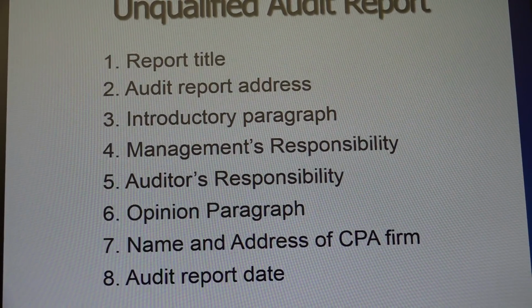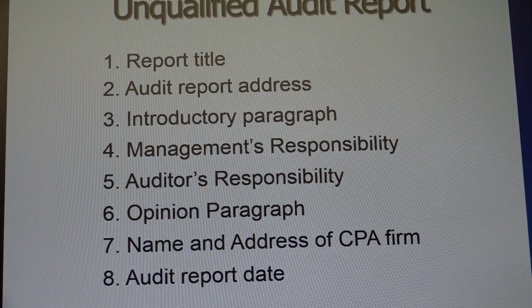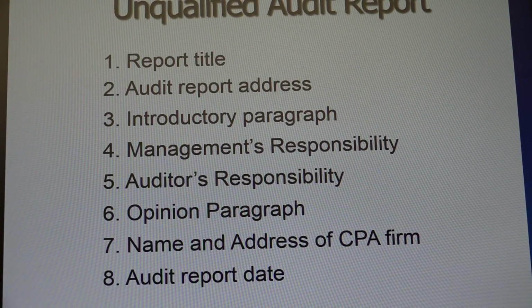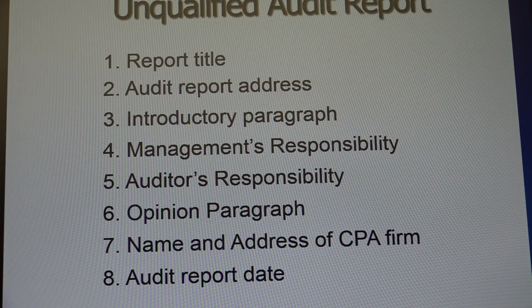Next is the opinion paragraph, and this is what all users are looking for. Matter of fact, they may skip over some of this other stuff because it's pretty standard in a clean opinion. You know, most of this other stuff is fairly academic and standard.